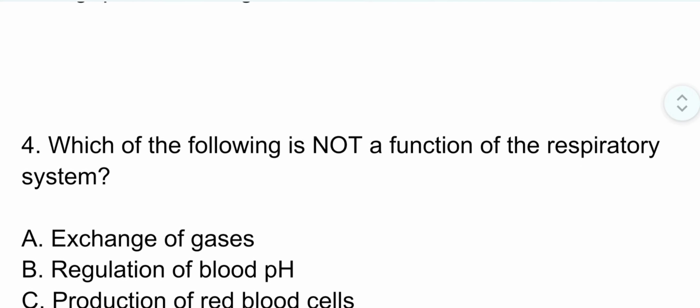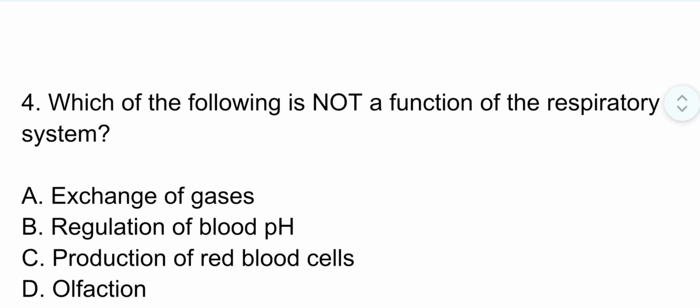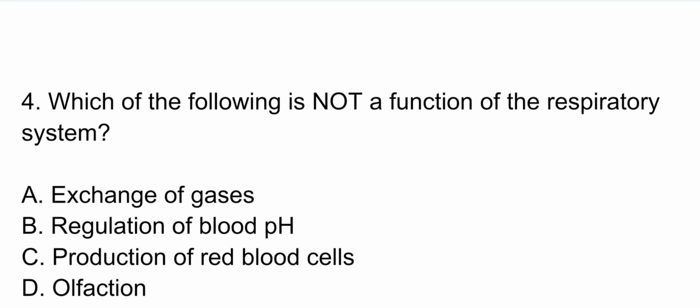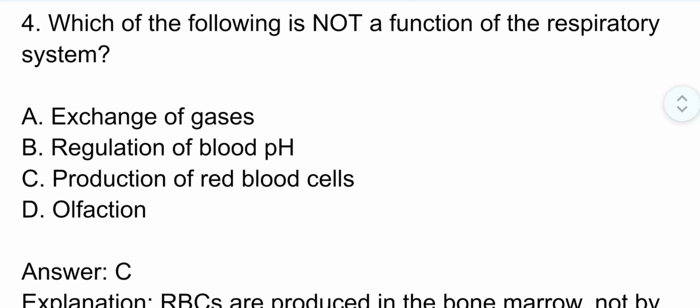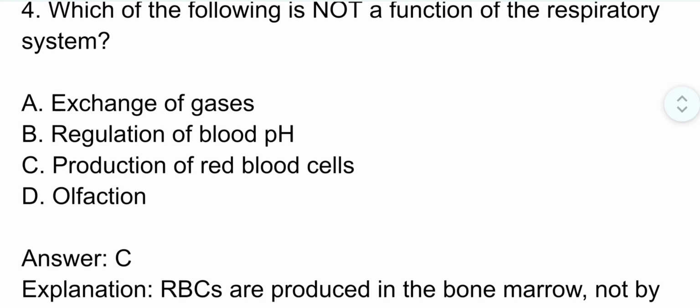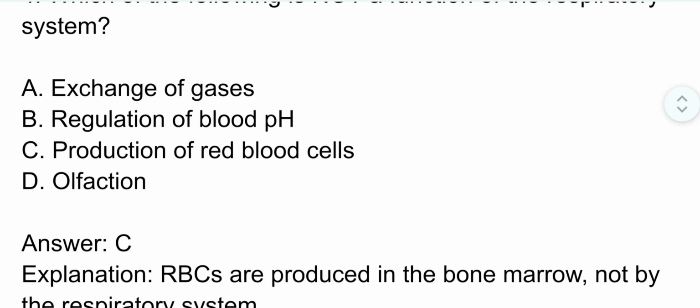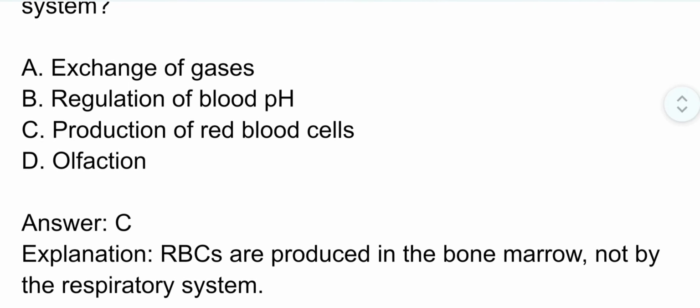Question number 4. Which of the following is not a function of the respiratory system? The correct option is option C, production of red blood cells. RBCs are produced in the bone marrow, not by the respiratory system.